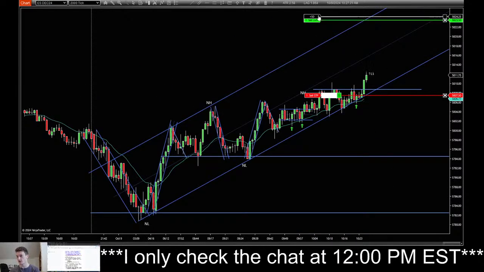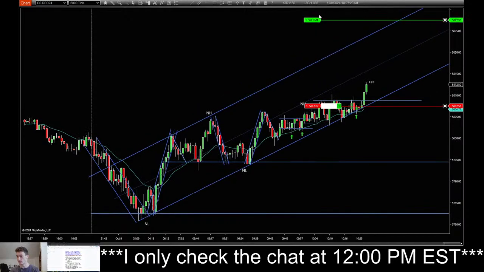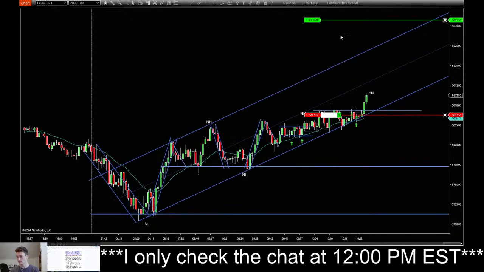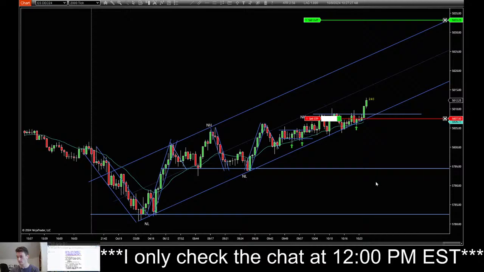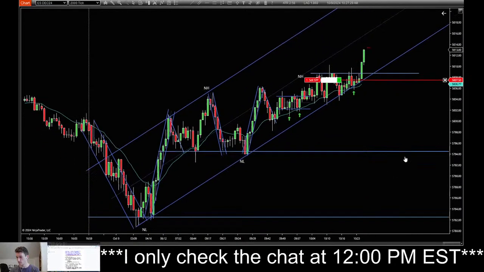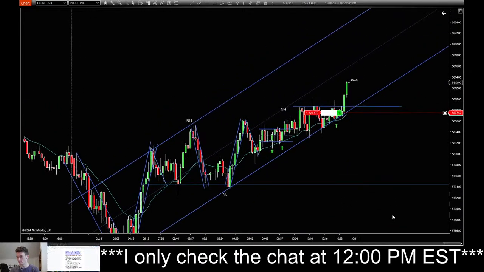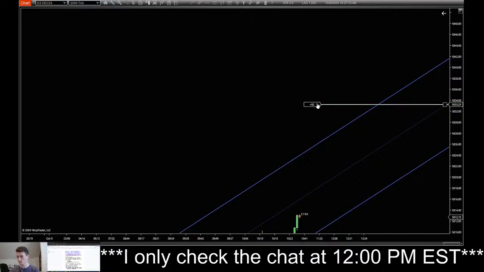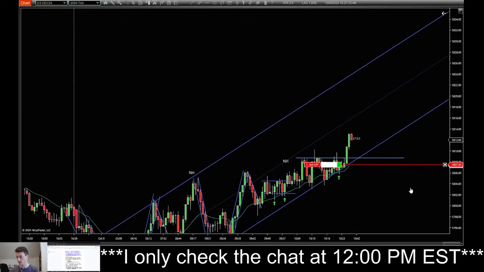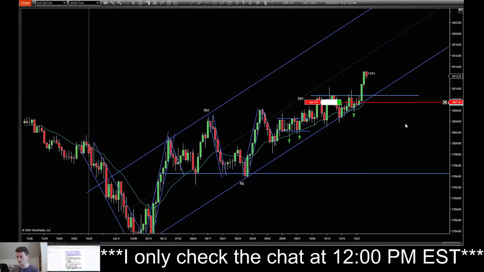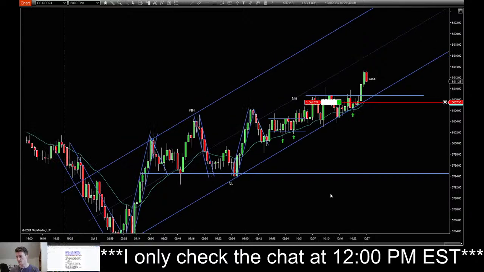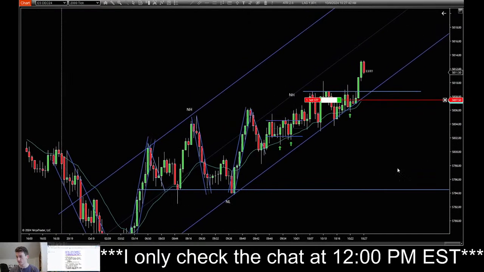And I'll trail this runner as much as I can. Just put this way up there. And I'll just trail this behind as hopefully we can just get some higher lows and I can keep trailing it.